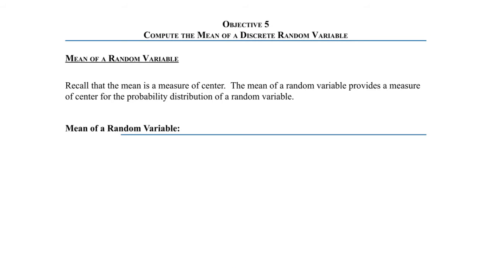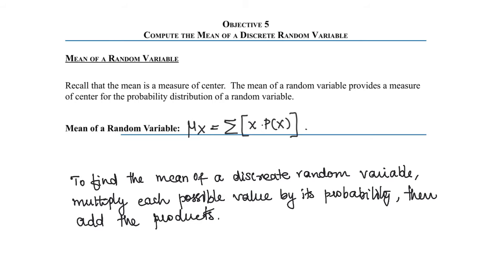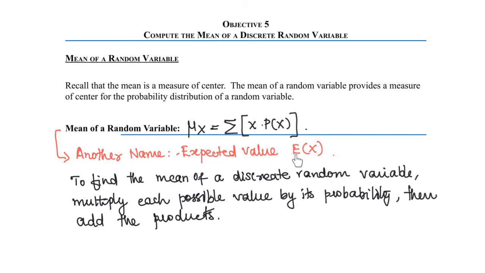We can write the mean of the discrete random variable using the symbol mu sub X equals sigma x P(x). To find the mean of a discrete random variable, multiply each possible value by its probability, then add the products. Another name for the mean of a random variable is expected value. And the notation for the expected value is E(X).